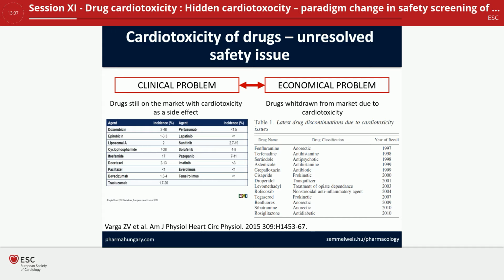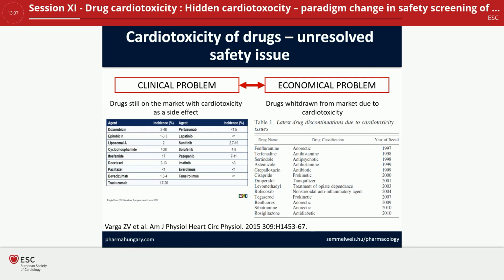Here you see many of the drugs and the incidence of cardiotoxicity as side effects. As you see here, depending on the patient group, it can reach 20% as well. But there are significant effects. These are mostly kinase inhibitors and other anti-tumor drugs.